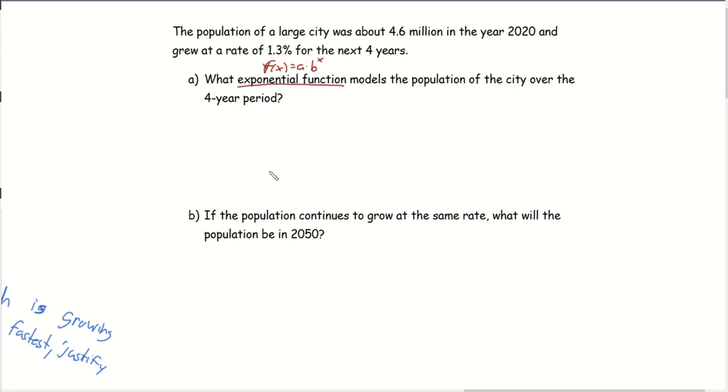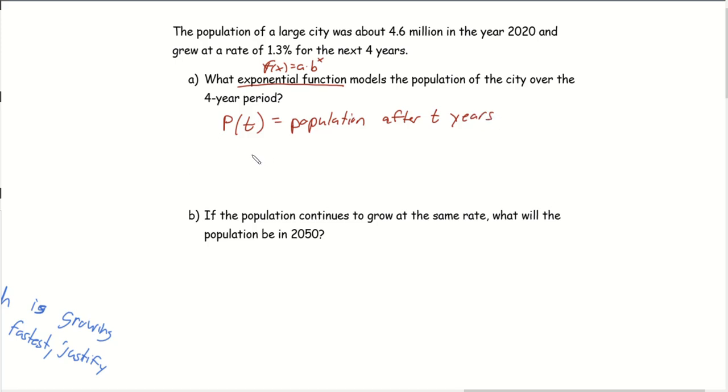Okay. In this problem, we're going to model population, so we're going to use P for population, and it's over a time period. So P of t equals the population after t years. We're going to use t for time.